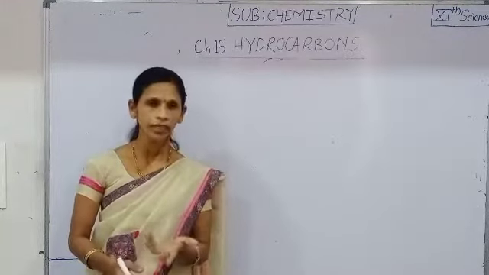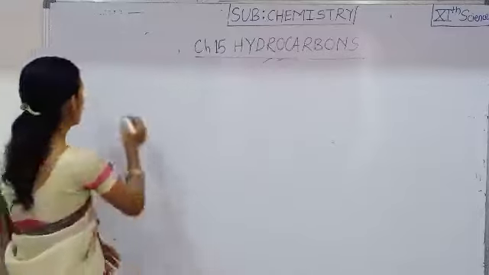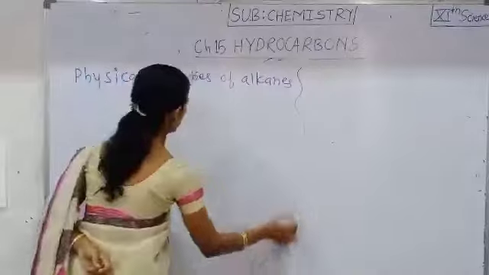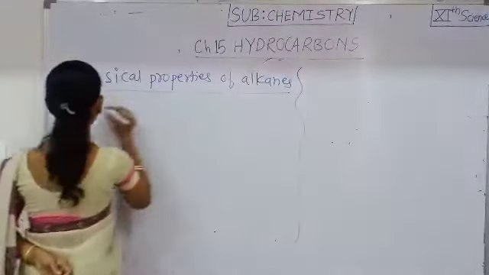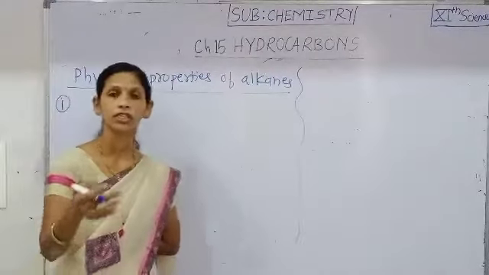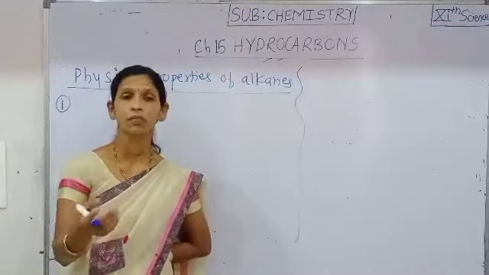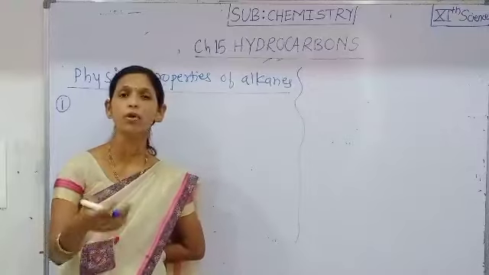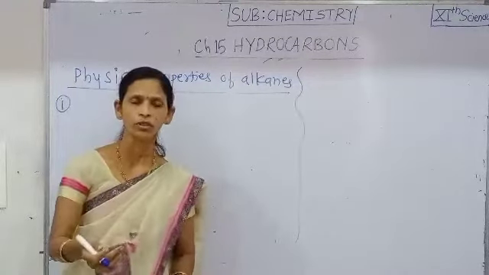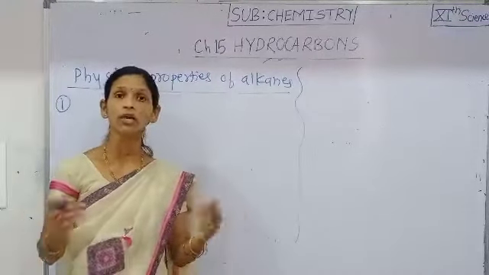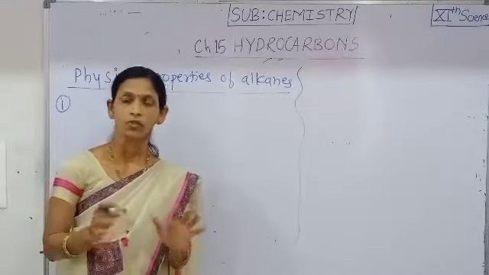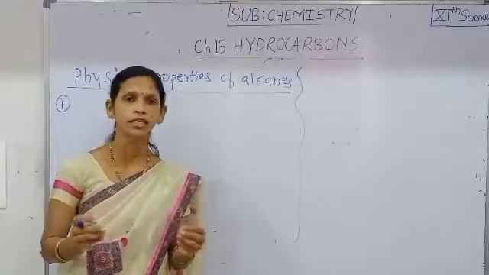Then we will discuss a few physical properties of alkanes. In physical properties we will discuss color, state, nature, melting point, boiling point, density, solubility of the organic compound in water or in any organic solvent, electrical conductivity or specific gravity, etc.